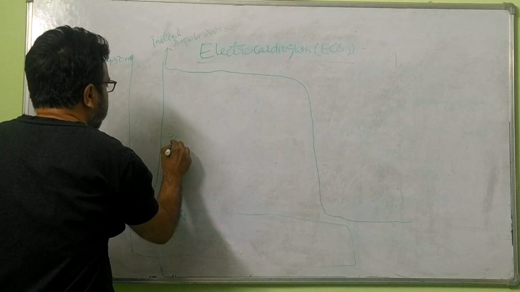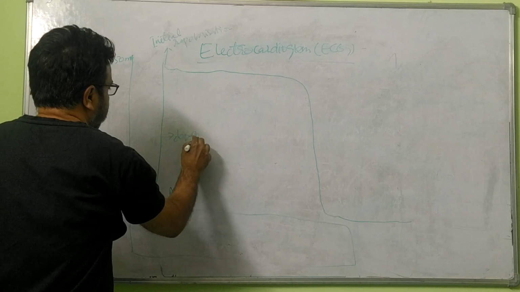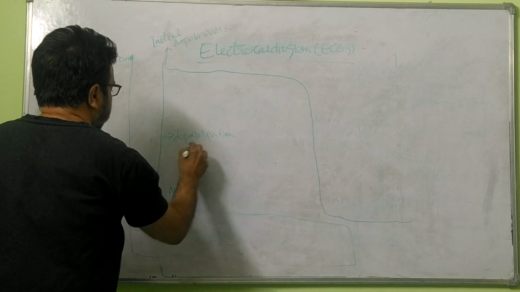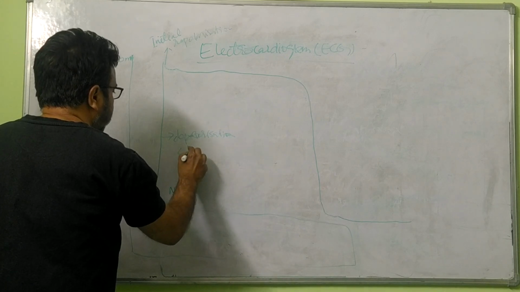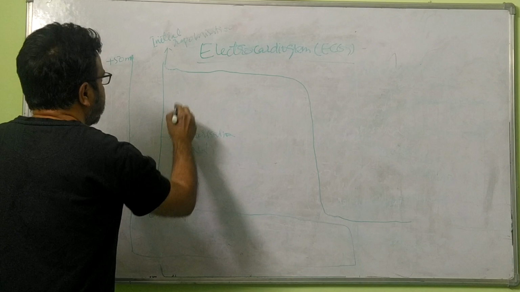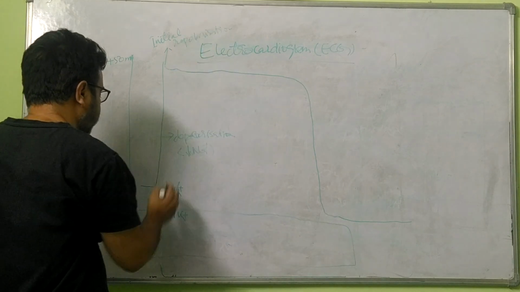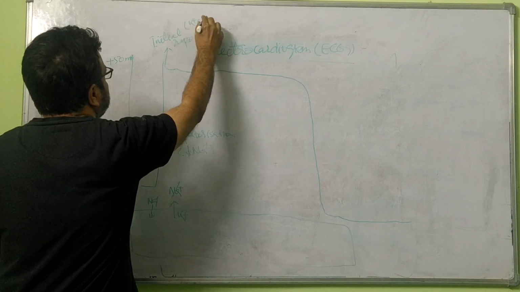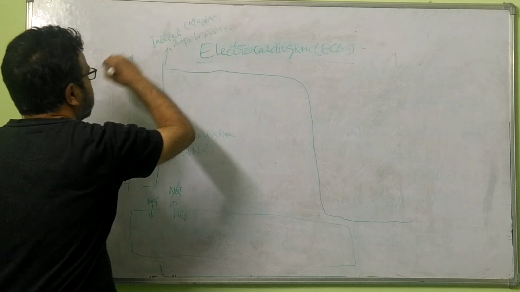Earlier it was depolarization. So depolarization was due to sodium entry, sodium influx, and this initial repolarization is due to potassium efflux or exit.